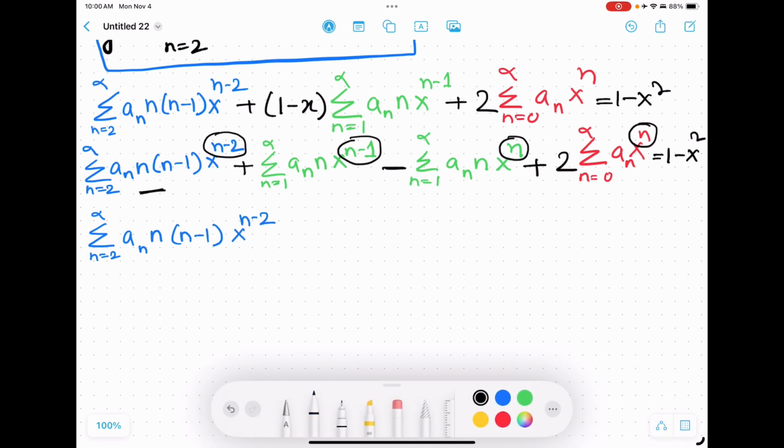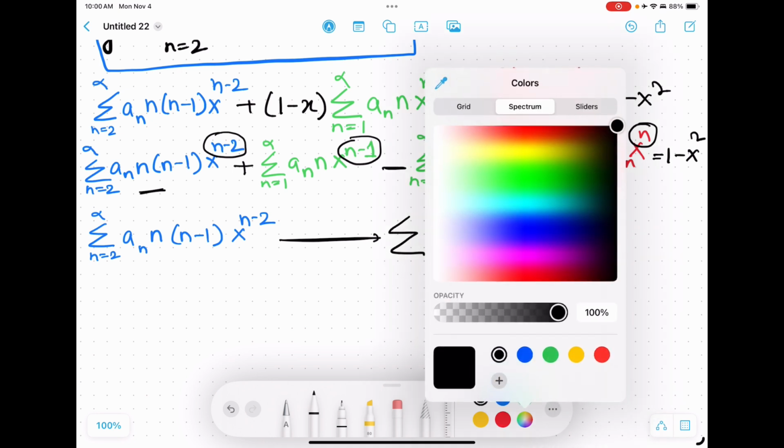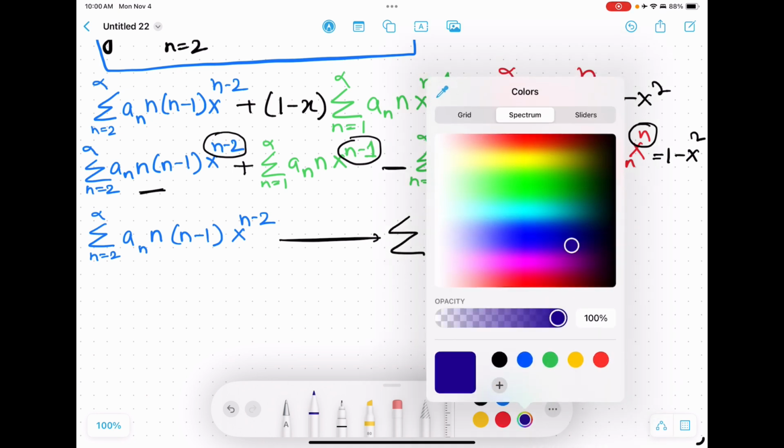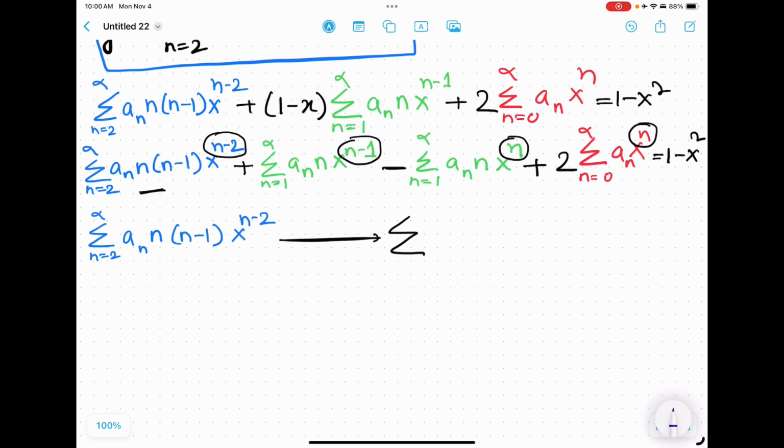And I want to transform them such that, let me use a blue color, the power of my x now becomes just an n. All right, so if you look carefully, all I need to do is add 2, and I can see that my negative 2 and my positive 2 get canceled, so I'm just left with n. So all I gotta do is add 2 to all my n's.